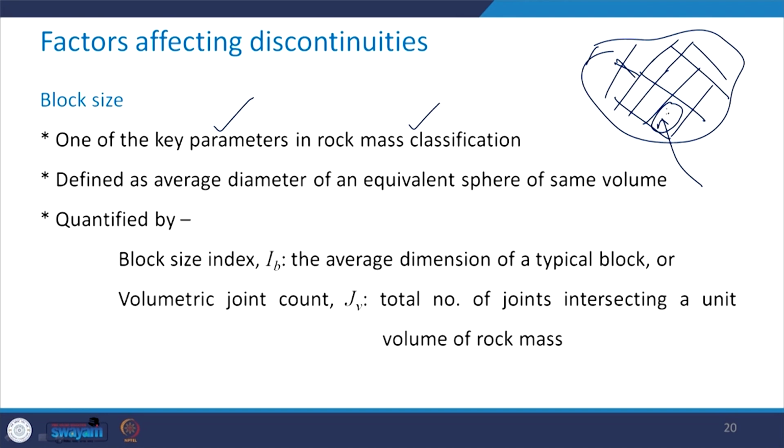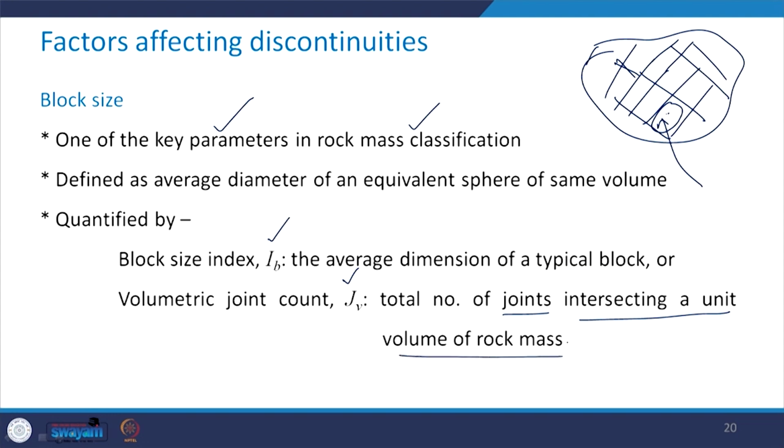Now this block size is quantified by the block size index IB, which is the average dimension of a typical block, or it can also be quantified with the help of the volumetric joint count, JV, which is defined as the total number of joints intersecting a unit volume of the rock mass.